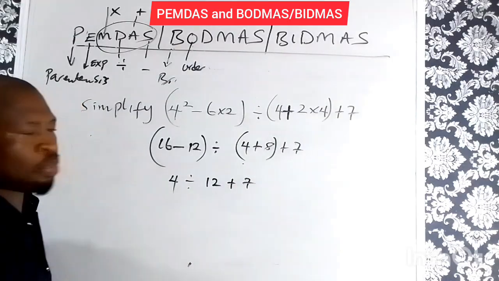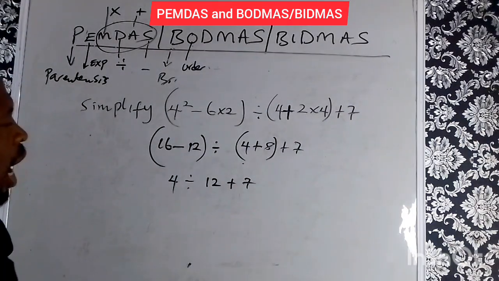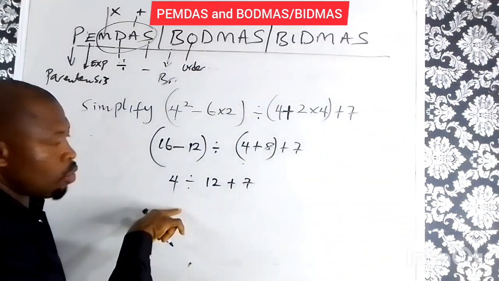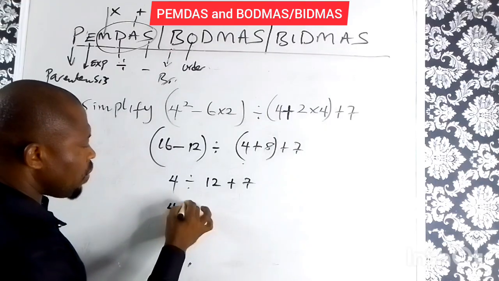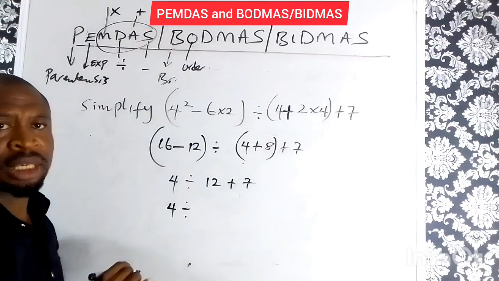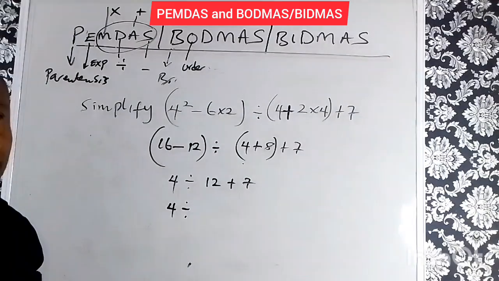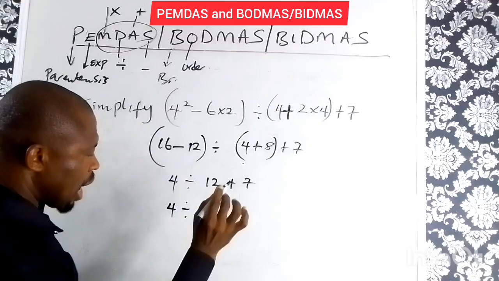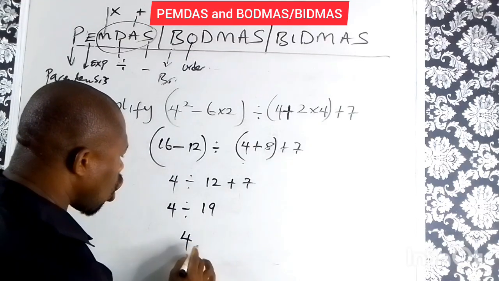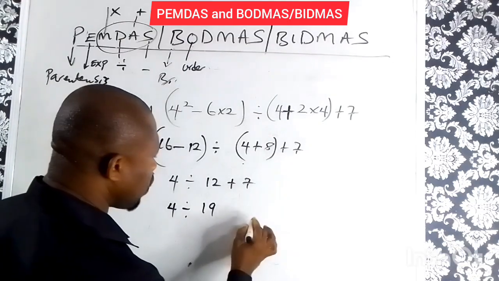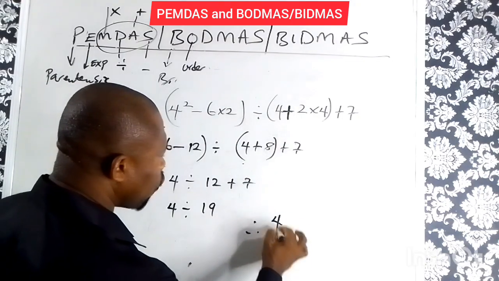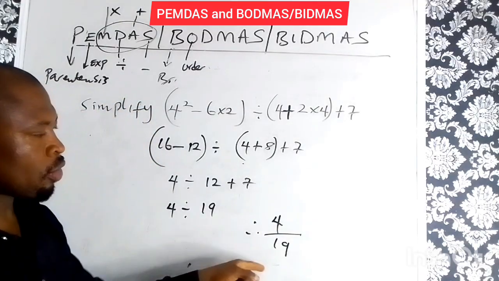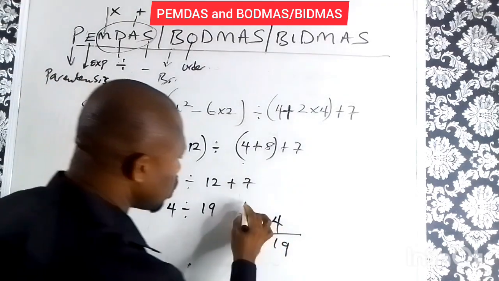Since we have this, we deal with this one first before coming to this one. 4 divided by 12 plus 7 will give us 19. Therefore, our answer is 4 divided by 19. And of course, we cannot reduce it anymore. So this is our final answer.